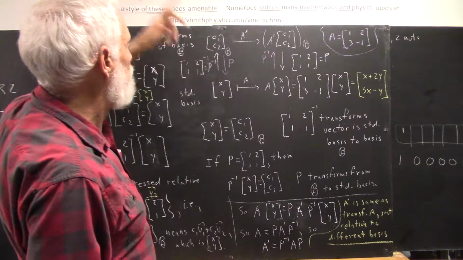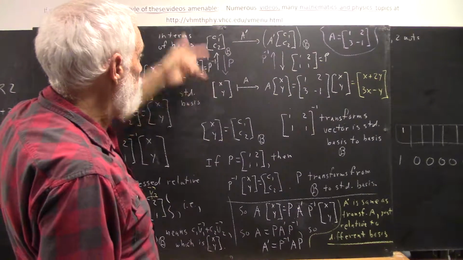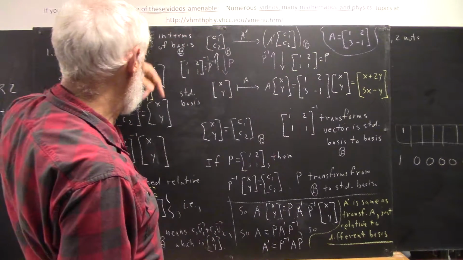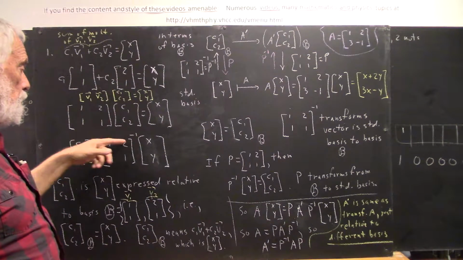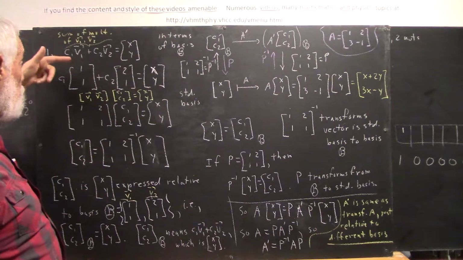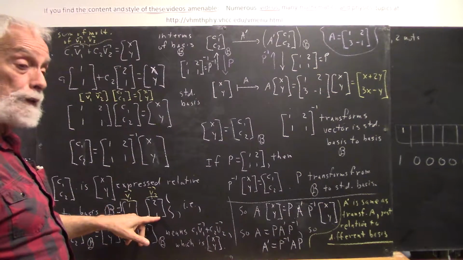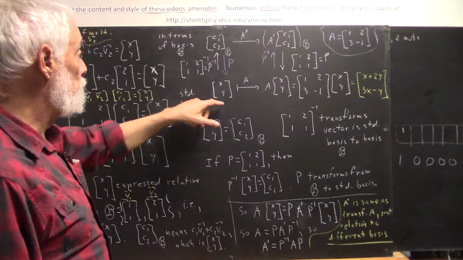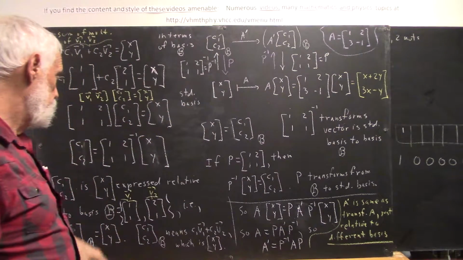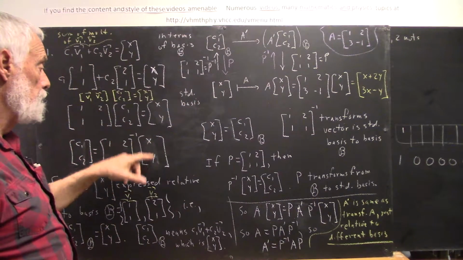Now, we can express xy in terms of some other basis, in particular the basis 1, 2, 1, 1. So, in terms of this basis, xy will be this inverse matrix multiplied by xy.